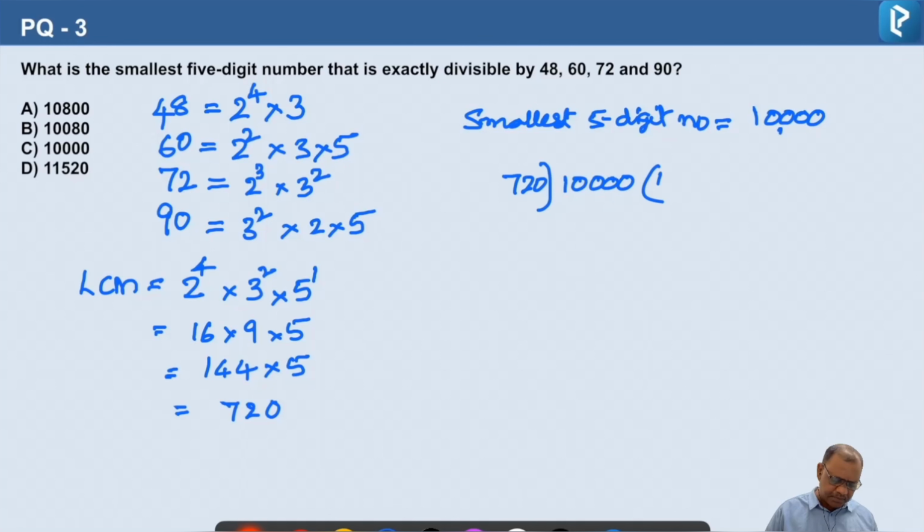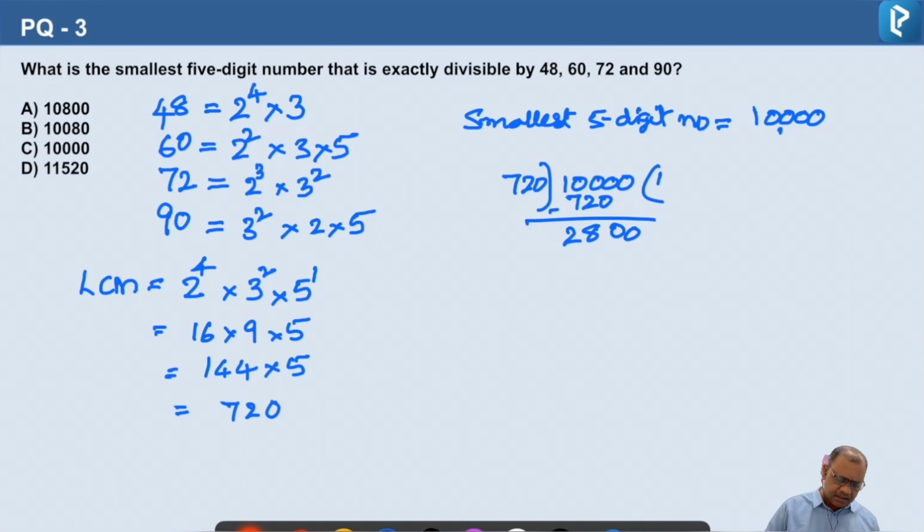So 1 time 720, subtract 0, 8, 2, 280. So carry one more 0, 2800.